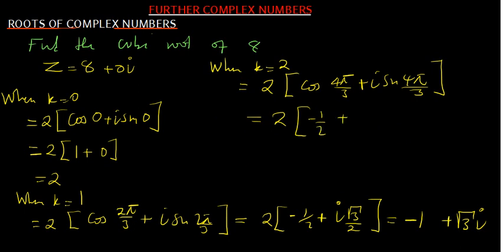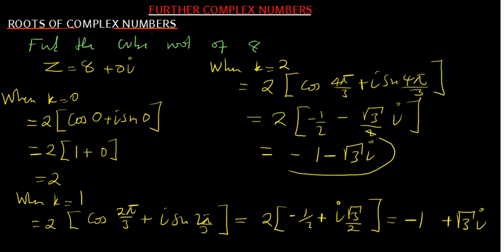And then sine 4 pi over 3 is supposed to give us negative root 3 over 2. But remember there is an i there. So if we multiply with the 2 which is outside, that is going to give us negative 1 minus root 3 i. So these are the three values for the cube root of 8.